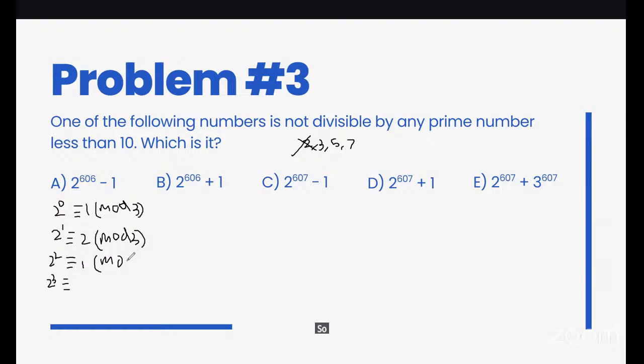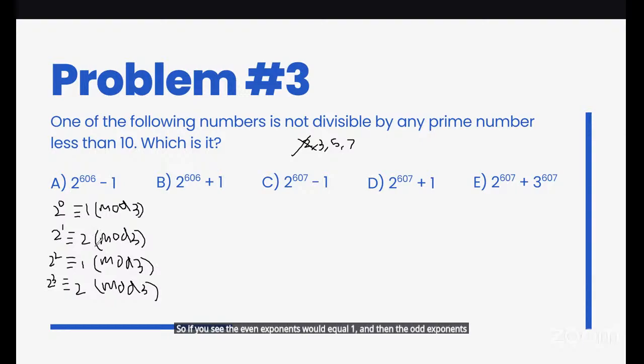So 4 mod 3 would just give you the remainder of 1 again. So here it would be 2 mod 3. So if you see, the even exponents would equal 1, and then the odd exponents would have a remainder of 2. So we can start by checking with each of the answer choices here.